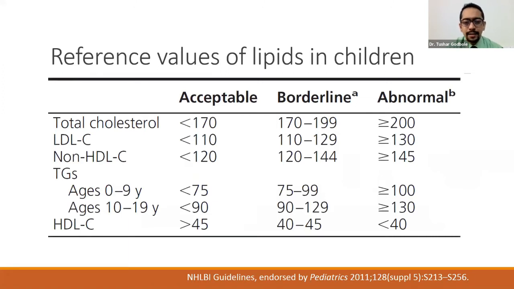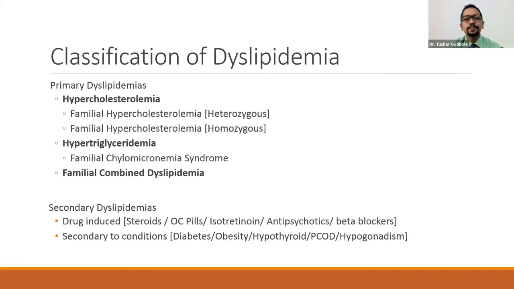And the triglyceride less than 75 or less than 90 are the acceptable ranges, and any value above 100 or above 130 for triglycerides in children and adolescents are taken as abnormal. For LDL, the target is 110, and any value above 130 is considered as abnormal. And this 130 would be the threshold when you have elevated LDL along with some comorbidity like diabetes.